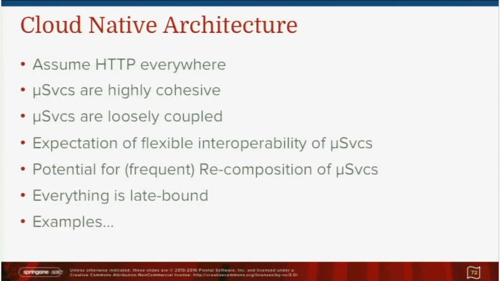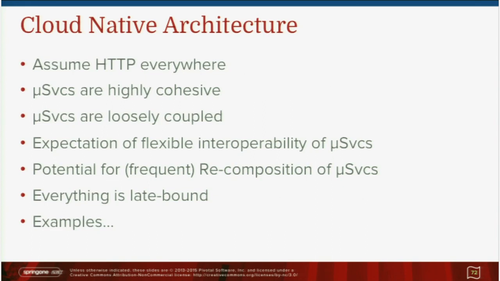Okay, a couple of things you do take from the 12-factor app. You say HTTP everywhere, that's a given. And also that these microservices that you're intending to build and deploy are intended to be highly cohesive, small units of functionality, dedicated capabilities that can be recomposed, right? They're microservices. You have these things that are very tightly integrated so that they're highly cohesive in what they do, but they're loosely coupled to every other microservice.